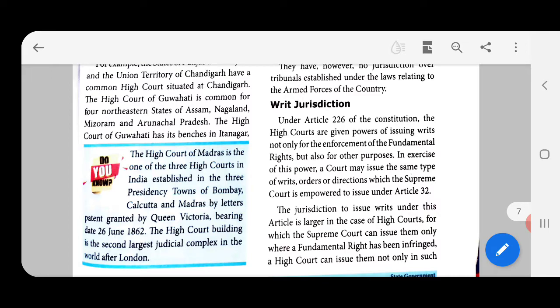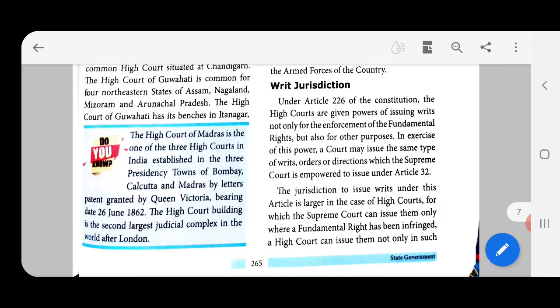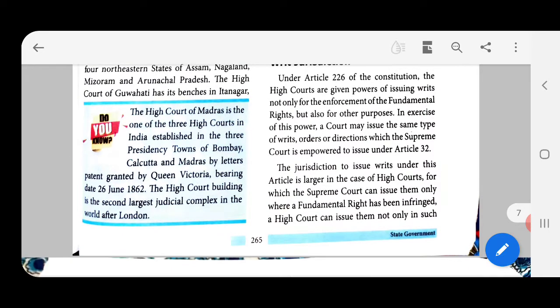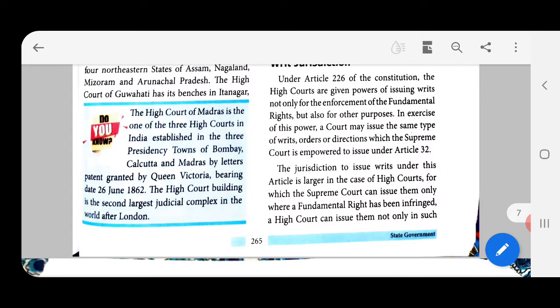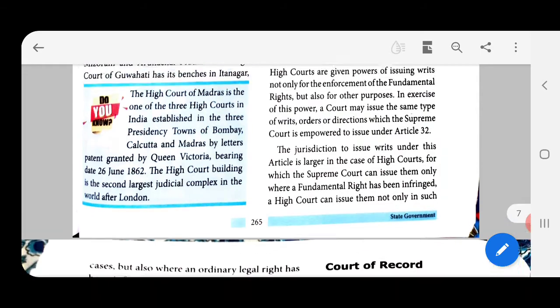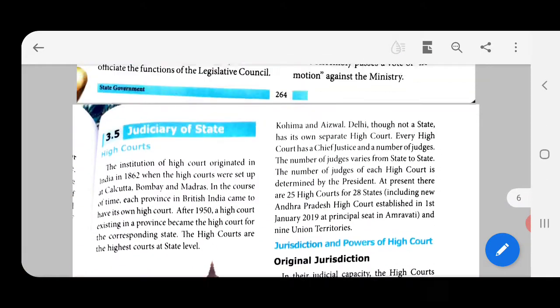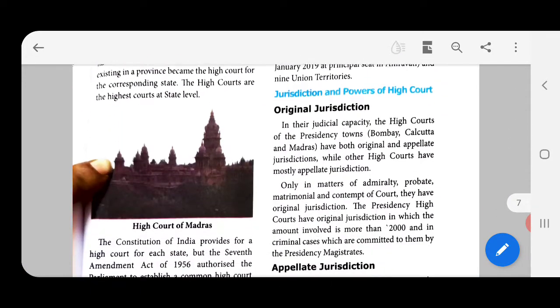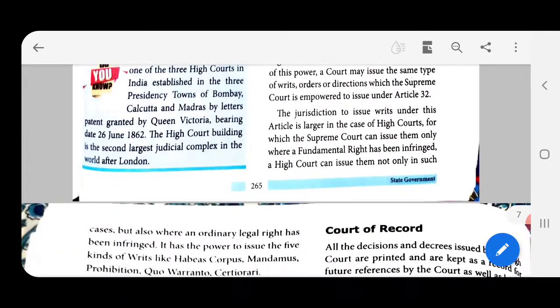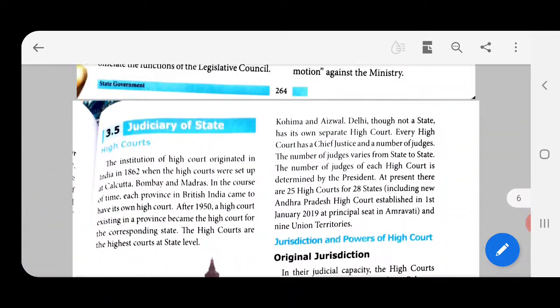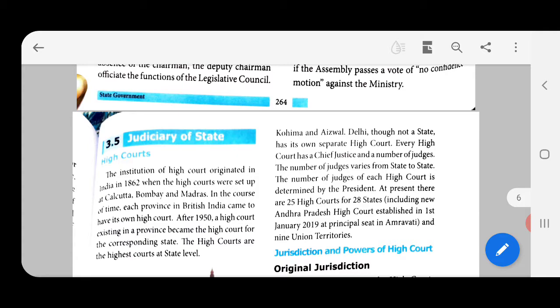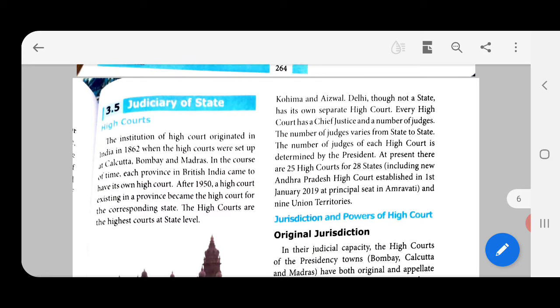The High Court of Guwahati has its benches at Itanagar. Benches, it's like sub-courts, so that we need to understand. The next we have Kohima and Aizawl. Delhi, though not a state, has its own separate high court.